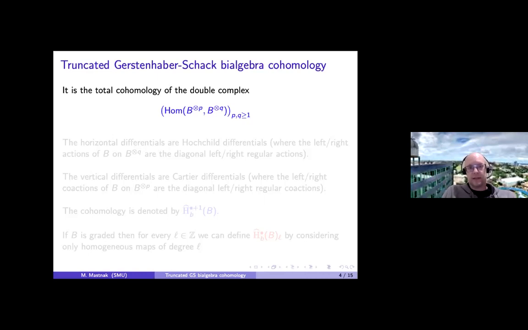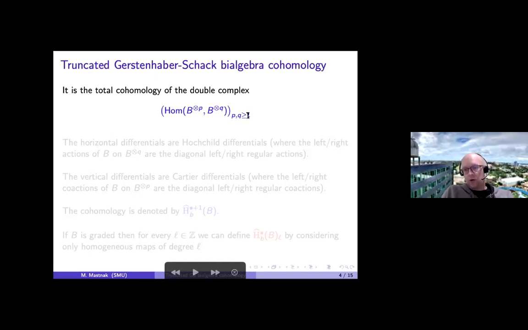This is the total cohomology of a double complex where the PQ node is just linear maps from the pth tensor power of B to the qth tensor power of B. But here it's very important that it's truncated. You start at P and Q being 1.